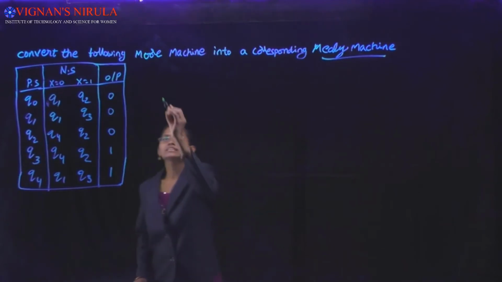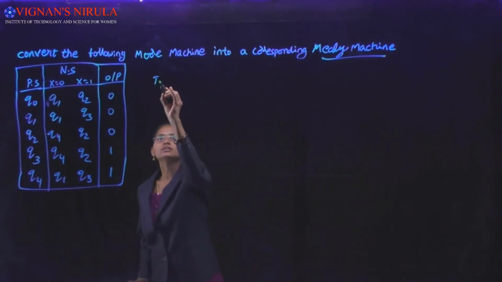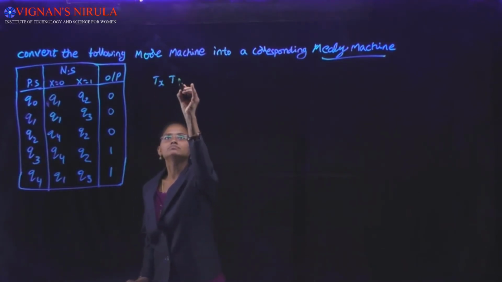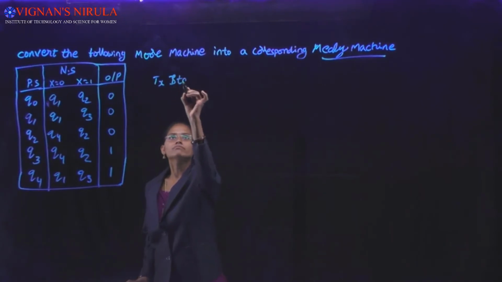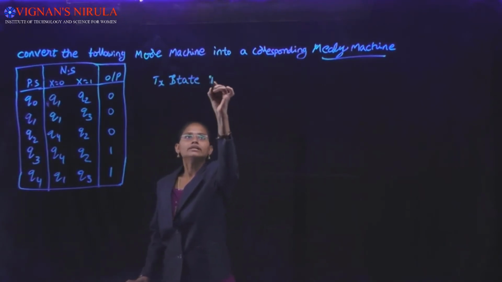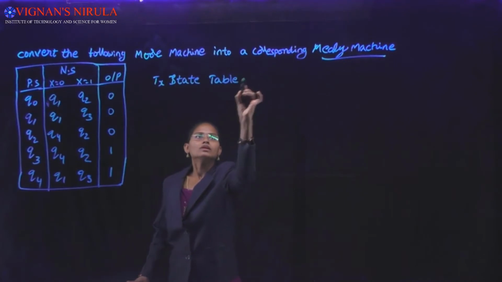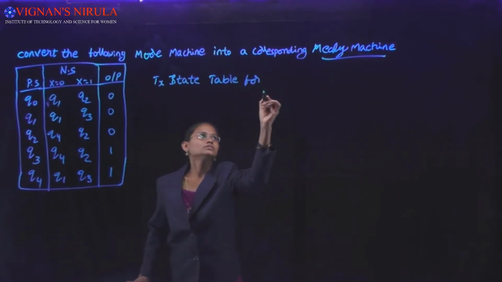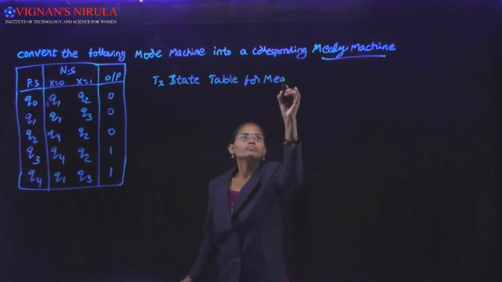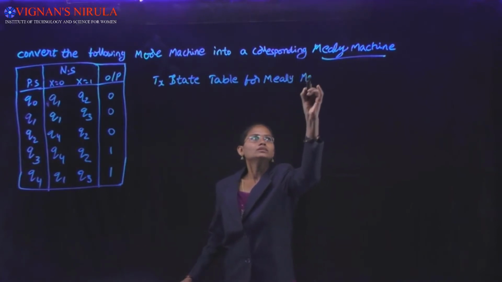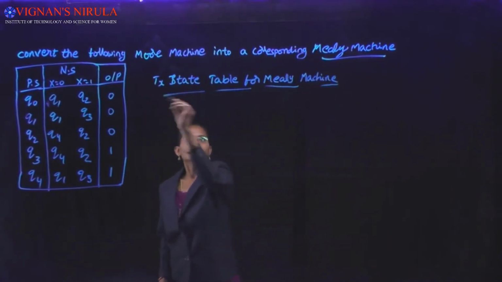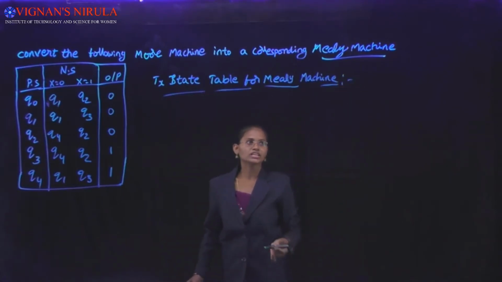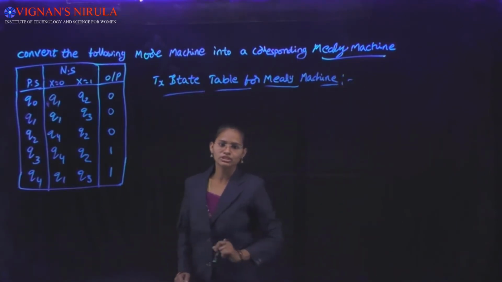And next, see the transition state table for Mealy machine. Transition table for Mealy machine.